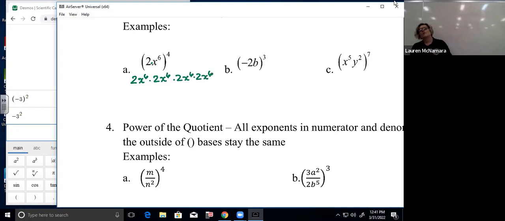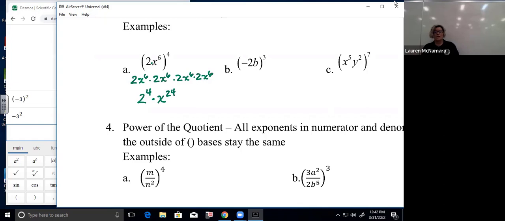So writing that out 4 times, how many times do I see my 2? Well, I see it's multiplying times itself 4 times. So that's 2 to the 4th times, and then I have x to the 6th, x to the 6th, x to the 6th, and x to the 6th, which is going to be x to the 24th.